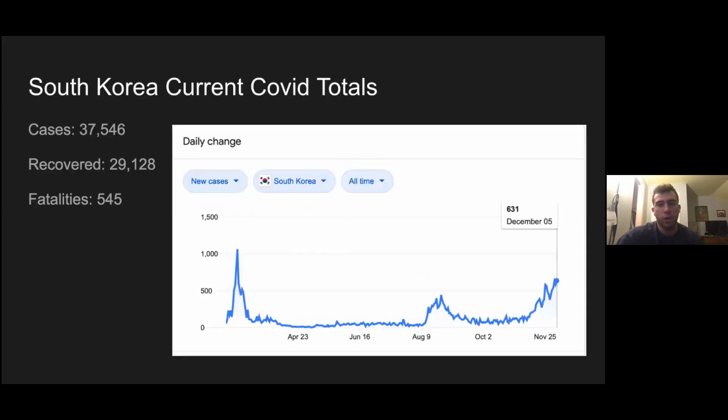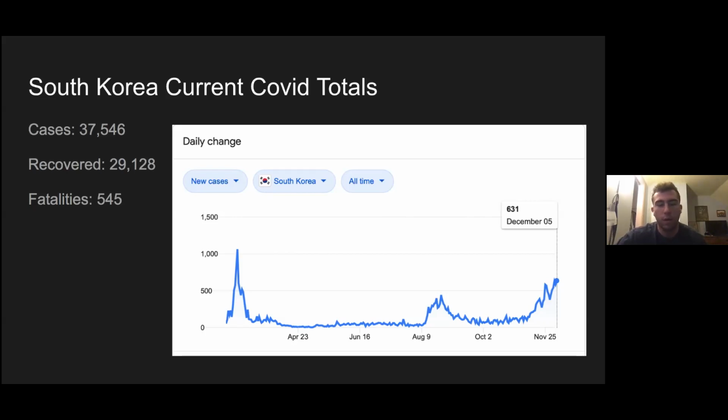So here's South Korea's current COVID totals. Some of the major spikes outside of the early uptick when COVID first broke out are due to the localized clusters that resulted in some of the spikes in R0, and they're kind of small between April and August. But after that there was another big localized cluster that broke out, and then towards November is where we see the large increase in cases that's a result of the second wave that we've seen across the world.